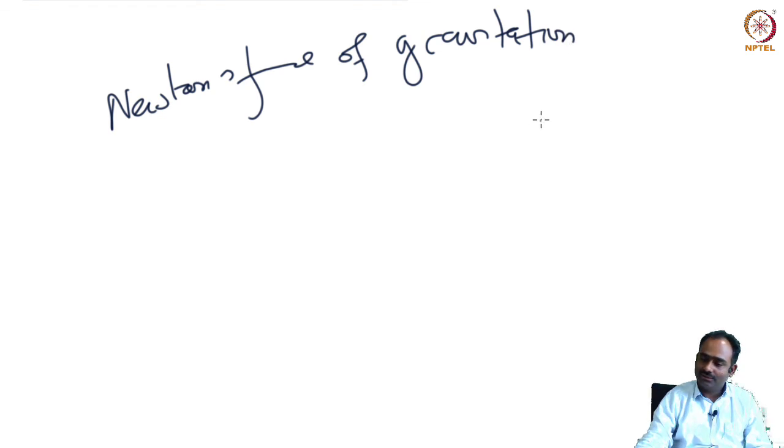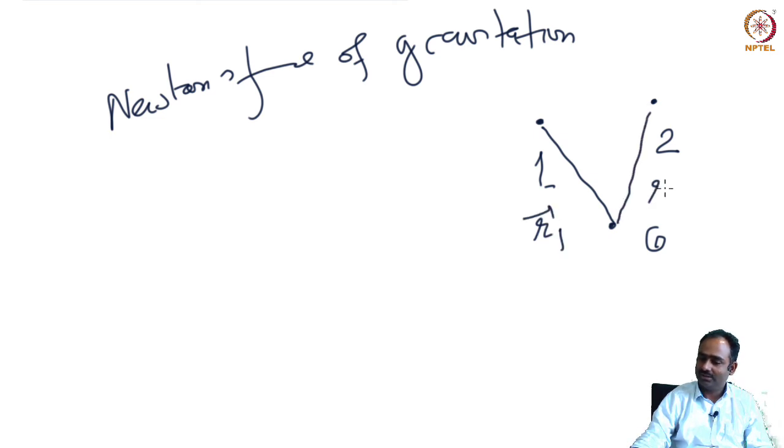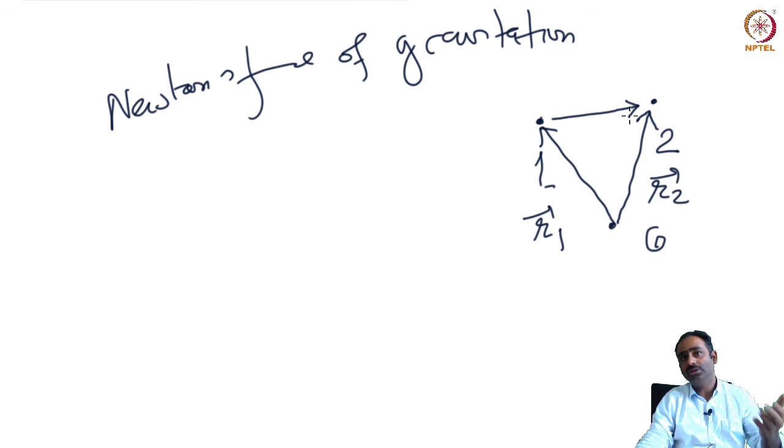So let's say you have two particles, particle number 1, particle number 2, some origin O, and I say this is the coordinate R1, that guy is at R2, these are the vectors. Now I want to know the force on the first one. Clearly the force on the first one will be directed towards 2 because it is being pulled into 2.